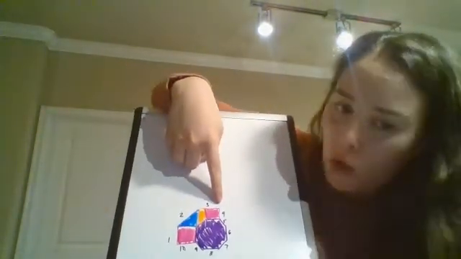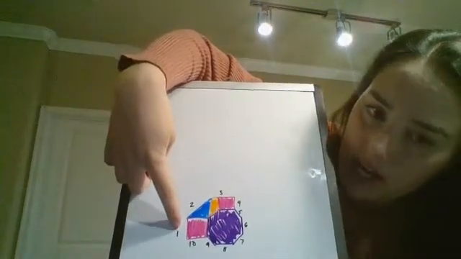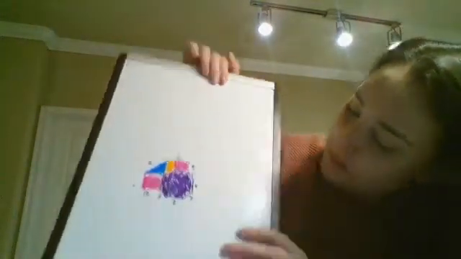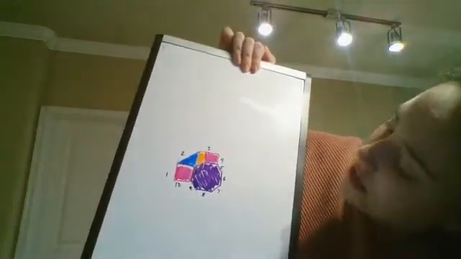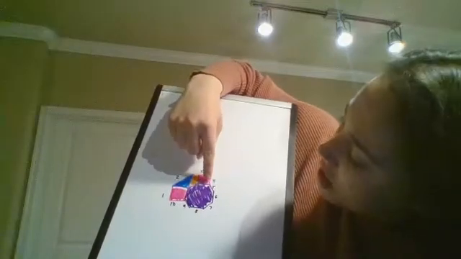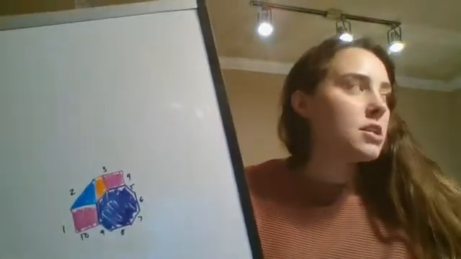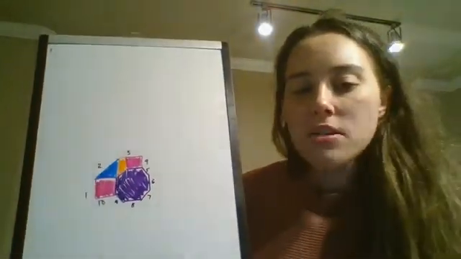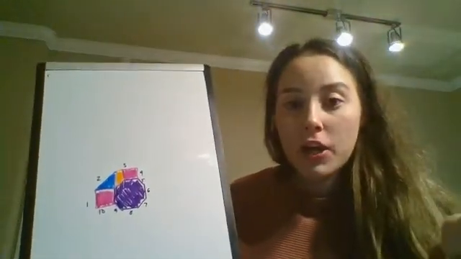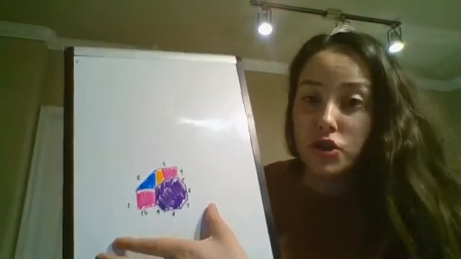This is a quadrilateral, another quadrilateral, and another quadrilateral. In the middle, let's count my purple shape. 1, 2, 3, 4, 5, 6, 7, 8. That's going to be an octagon. So I took an octagon, a triangle, and quadrilaterals, and put them all together to create a new shape.